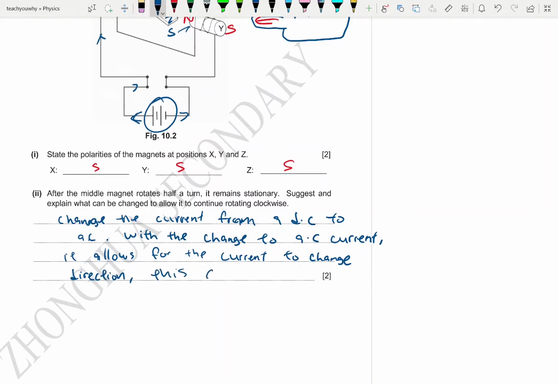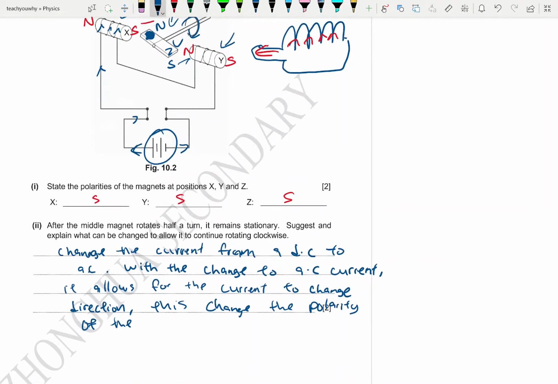This changes the polarity of the two electromagnets constantly.